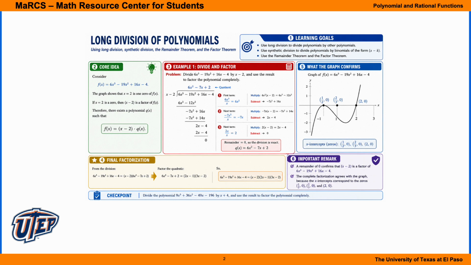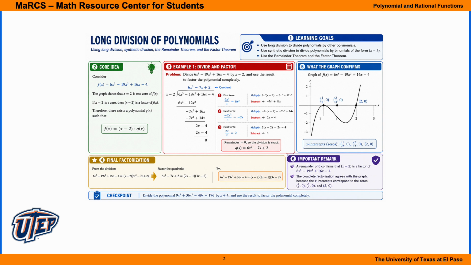Now from the division, we can see that our original function, 6x cubed minus 19x squared plus 16x minus 4, can be written as x minus 2 times some quadratic. And now that quadratic will be easier to factor. We have the quadratic 6x squared minus 7x plus 2, the one that we just obtained from division. Upon factoring that, we'll get 2x minus 1 times 3x minus 2.